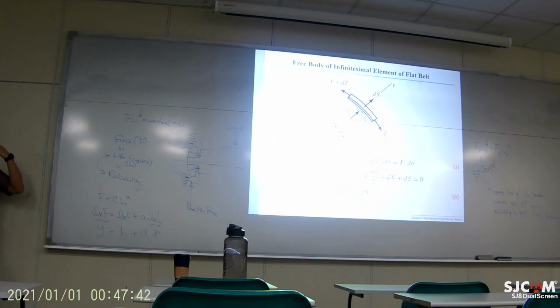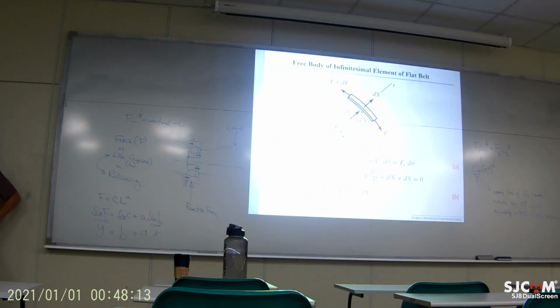And because of the force difference, you can generate torque. If the tension on both sides is the same, then you cannot have torque, because torque equals delta F times radius. So you need the difference of the force.